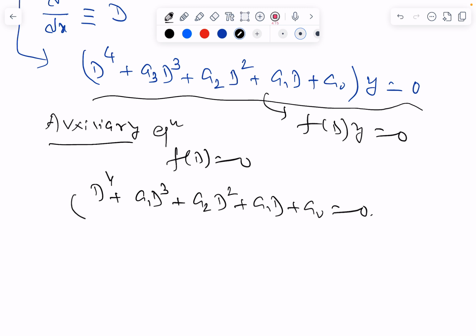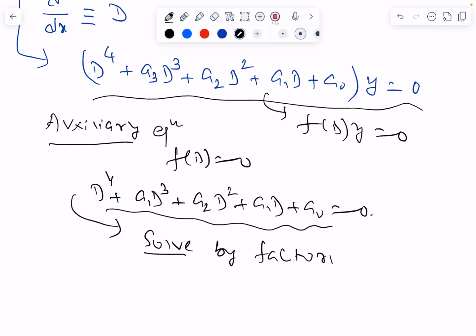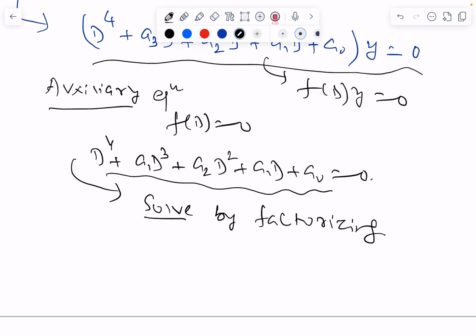Now consider this as a polynomial in D, and solve it by factorizing it into linear factors.